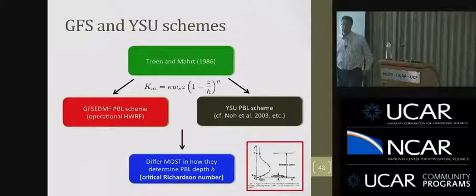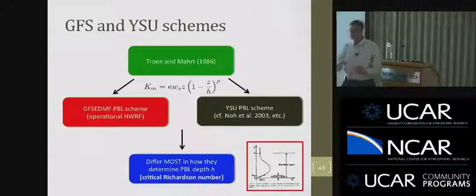And the other thing is that YSU and the GFS scheme are basically kissing cousins. They basically evolved from the same scheme, Troen and Mahrt. They're using the same equation. But there are a lot of differences between these two schemes. I'm not trying to say that those differences are relevant, but the single biggest difference is the critical Richardson number that they use to determine the first guess of the boundary layer depth.